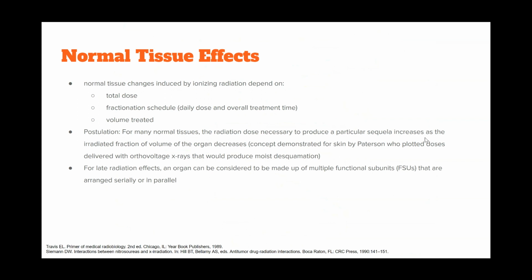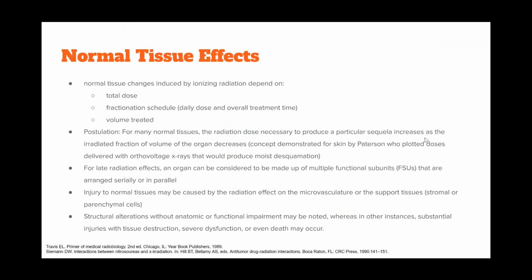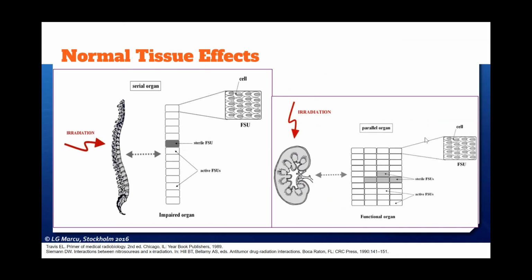These subunits can be arranged serially or in parallel. The injury to these normal tissues is usually caused by effects on the microvasculature, the stroma or the parenchymal cells. And what can be the final sequelae? They can be structural alterations without anatomical or functional impairment, or there can be substantial injuries like tissue destruction, severe dysfunction, even death.